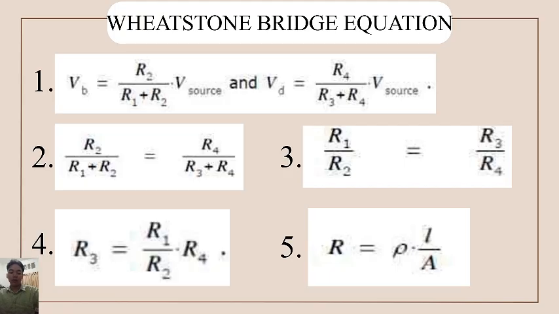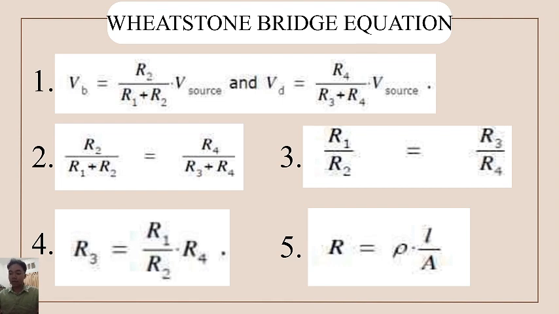R1 and R2 are the resistors in the left branch, R3 and R4 are the resistors in the right branch. The numerator represents the resistor connected between the node of interest and the lower supply node. The denominator represents the total resistance in the branch.